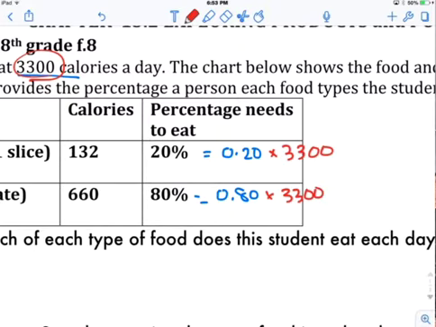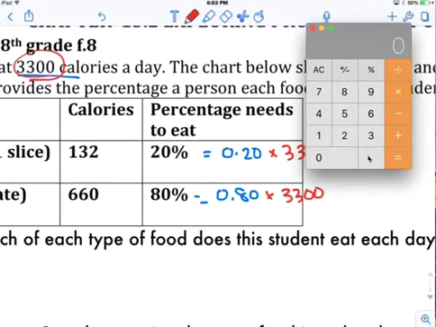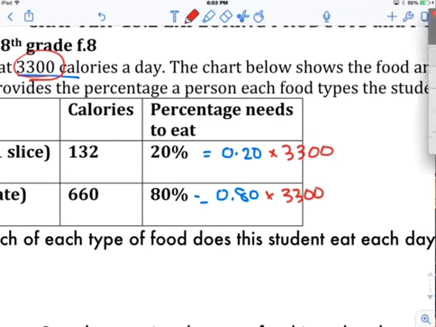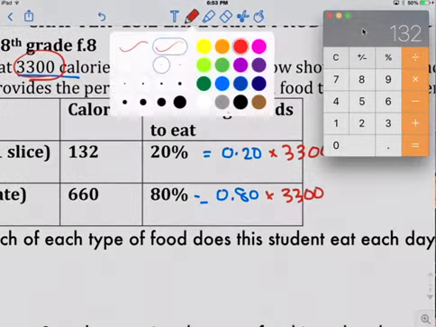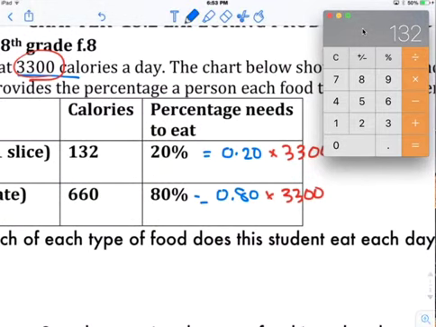And use your calculator. 0.2 times 3,300 equals 132. Exactly, equals 132 calories.